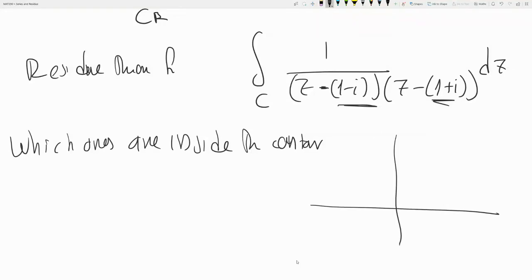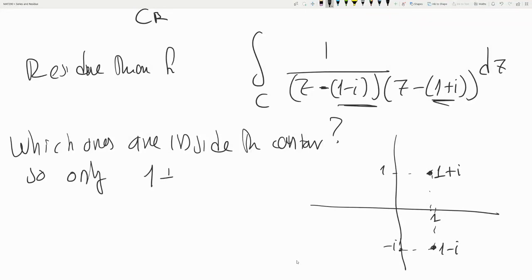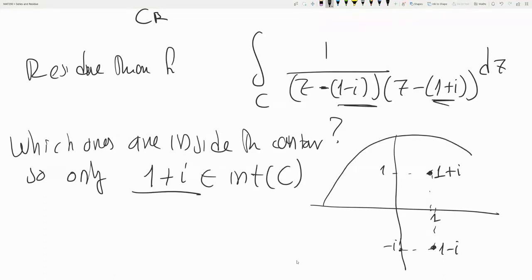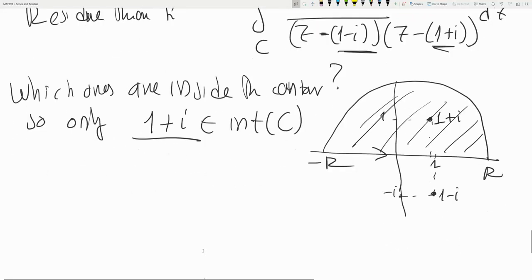So let me draw them. 1 plus i, it's over here. 1 and 1. What about this? 1 minus i, it's down here. Okay, so only 1 plus i is inside the contour. So you only have one residue.